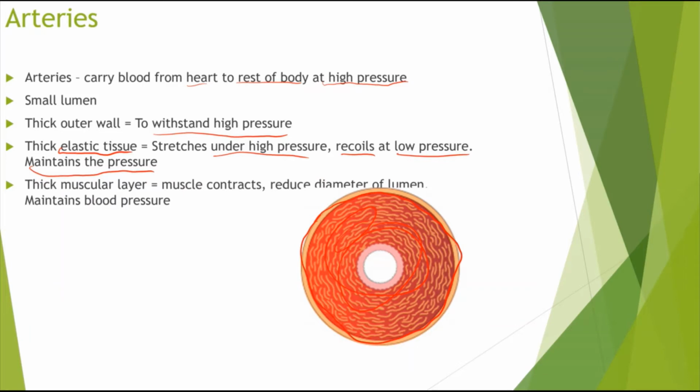Also they have a very thick muscular layer, so when the muscle contracts, it reduces the diameter of the lumen, making it smaller, which increases the pressure, and when the muscles relax, the diameter goes back to normal, again maintaining blood pressure inside the arteries. And as always, they have a smooth endothelium layer to reduce friction. Remember, this is for all of them.